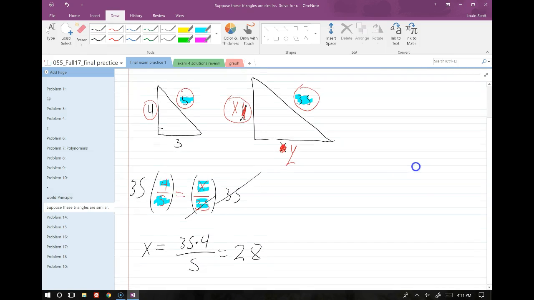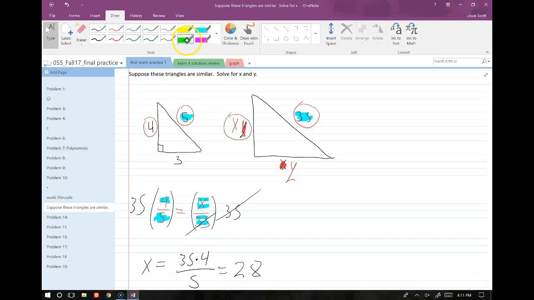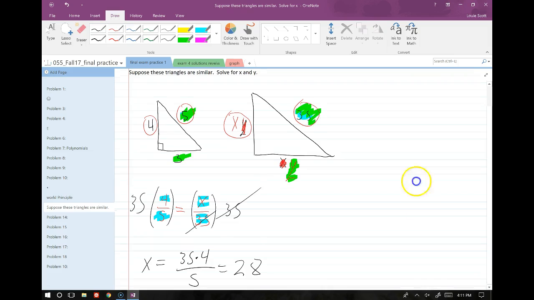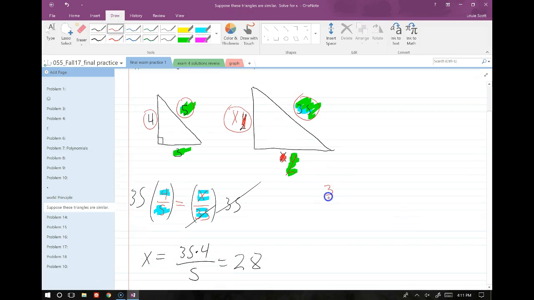We go about solving y in the exact same manner, right? So now, instead of the first two numbers we pointed out, we're going to be using this, and it's going to be in the numerator with y, and we're going to use the same hypotenuses in the denominators. So we're going to have 3 over 5, that's equal to y over 35.